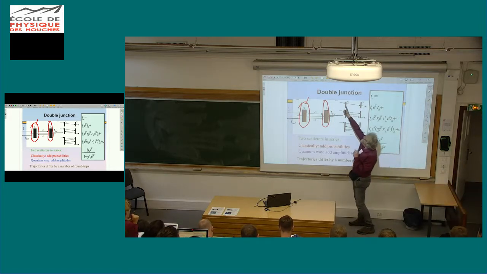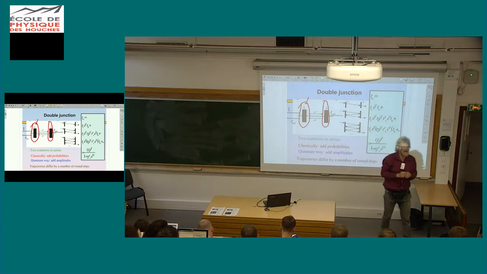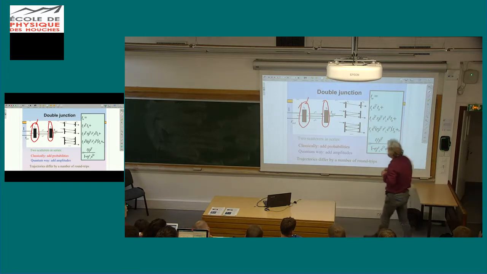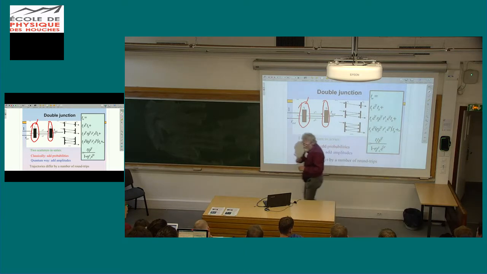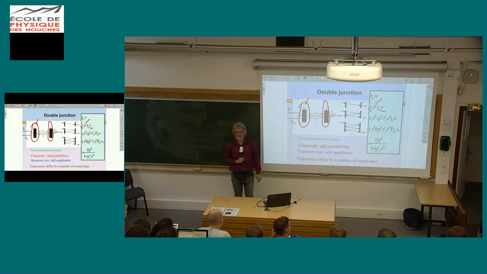There is a transmission amplitude through the left, transmission amplitude through the right. One should not forget this "and". It gives you a phase factor. So it's an expression like this: left and right.